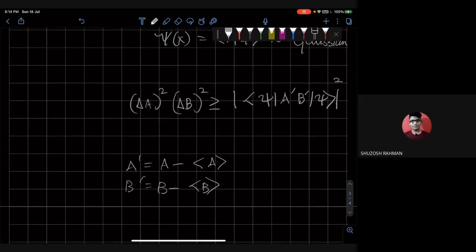So this is going to be equal when, of course, the right-hand side is minimum, okay?